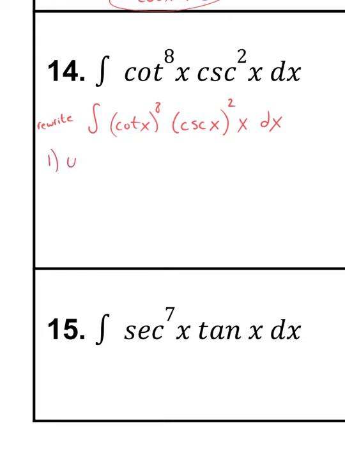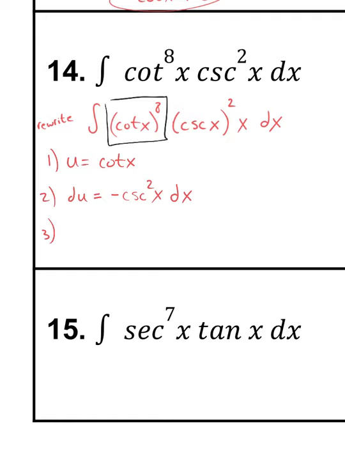So u is going to be the cotangent of x. The differential u becomes du. We take the derivative, which is negative cosecant squared of x, and we put dx on the end. The third step, let's go and diagram. This piece here is going to get replaced with u to the 8th.